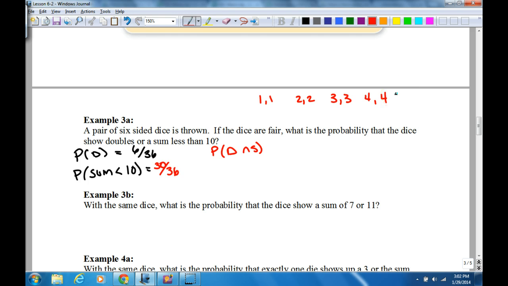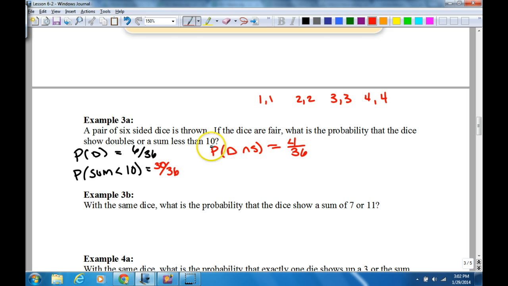Any other ones? No. So I only have 4 out of 36. Doesn't it say or, not and? No, it has to be both for this part. I'm just looking at the intersection.